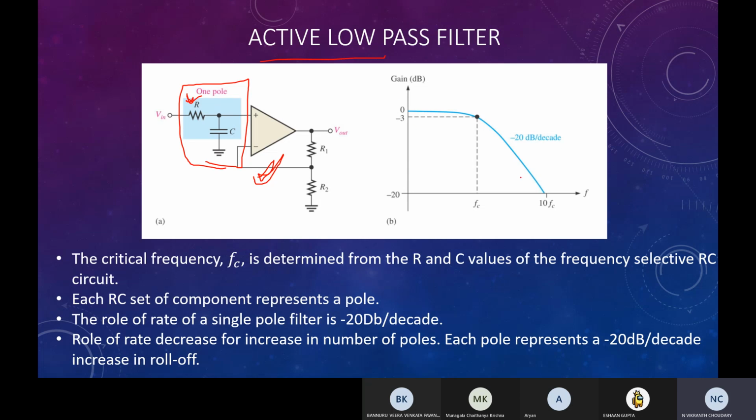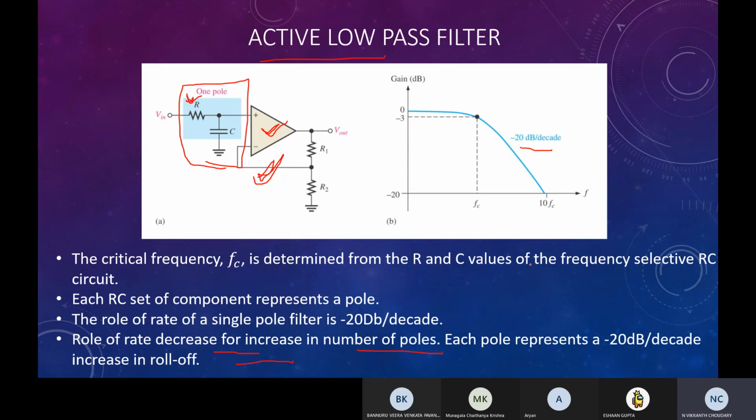So the Bode plot won't change. The gain can be anything, however much amplification we use, and it will be the same as the passive filter itself. And the roll off rate would be minus 20 decibel per decade. And as the number of poles increases, the roll off rate increases.